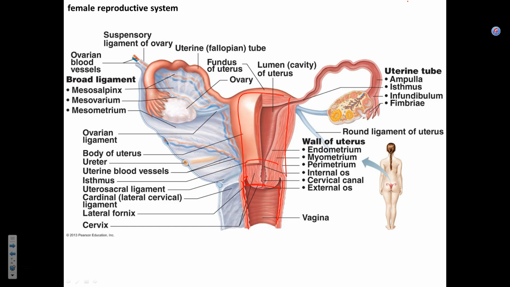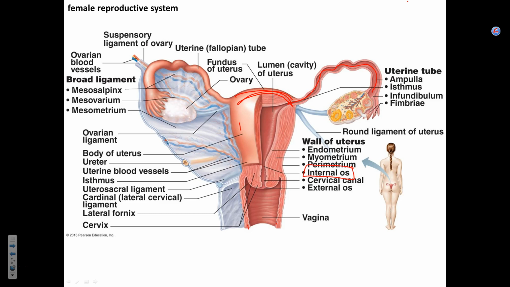This is the cervix of the uterus, with the cervical canal in the middle that opens into the vagina via the external os and opens into the lumen via the internal os. Now the uterus culminates here in the fundus of the uterus, and then it is connected to the ovaries by fallopian tubes.